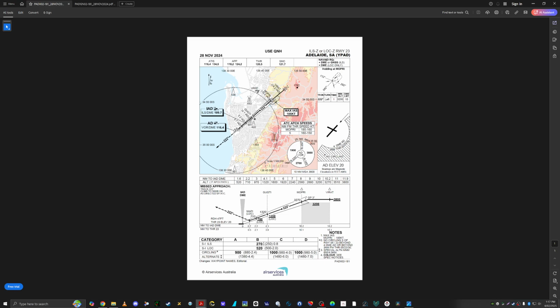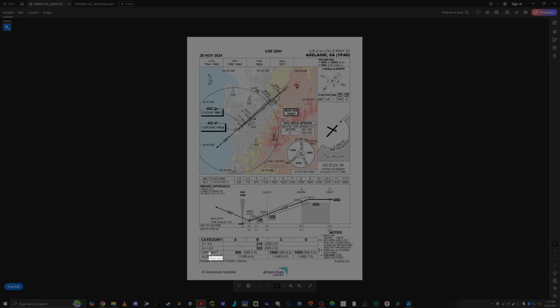And then from that point, if you're visual, which most often you are not, that's why it's called a precision approach.